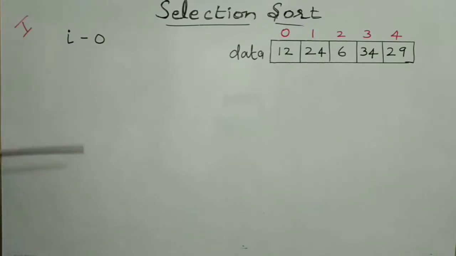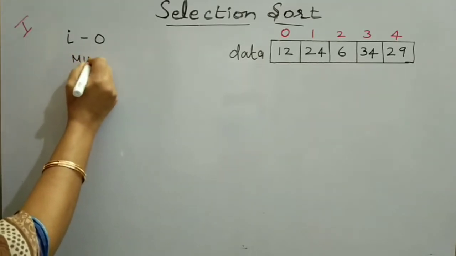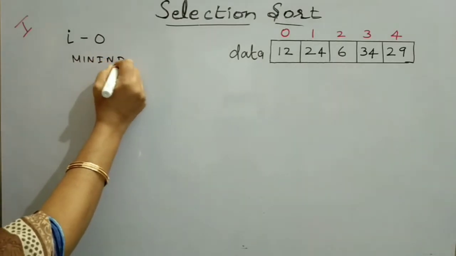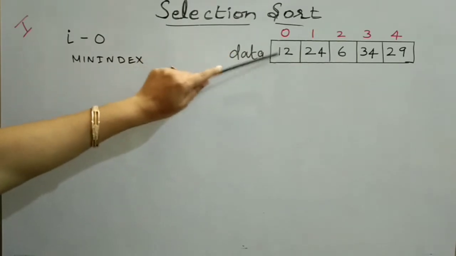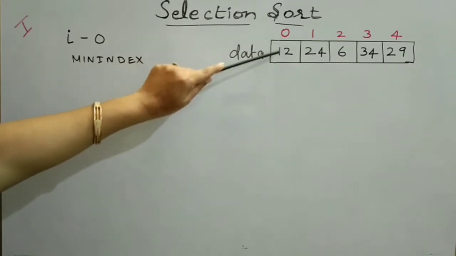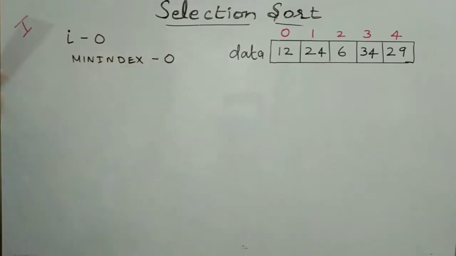First I need to implement the comparison procedure. Before we start it, we assume the first element in the array to be the minimum element, so the index position of the first element is assigned to the minimum index. Minimum index takes the value of I initially.